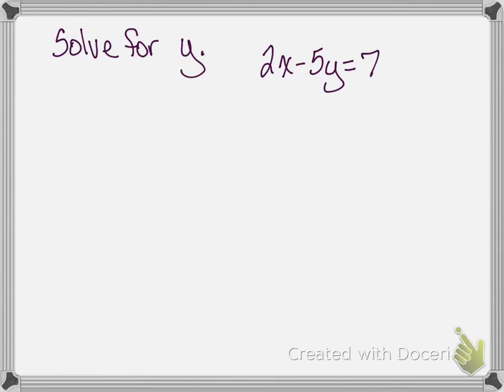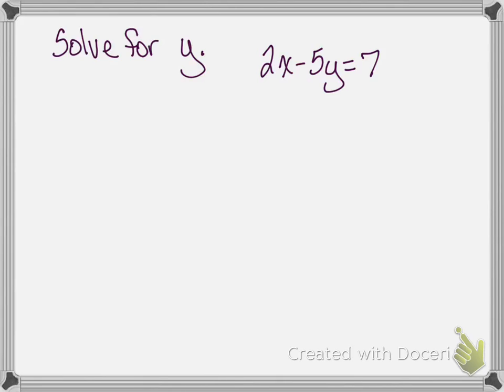Here, I am given a linear equation, but it is in standard form. We can't do a lot with a linear equation in standard form, so we need to put it in y equals mx plus b form before we can graph it. And the way that we do that is we solve for y. Now, I have an x value and I have a y value.